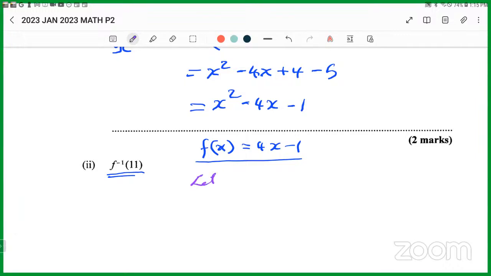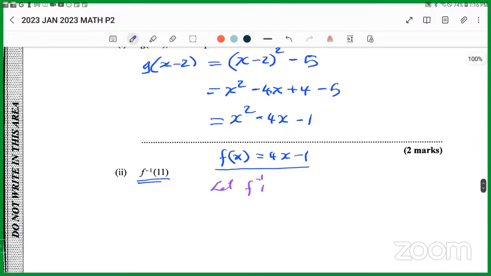Let f to the minus 1 of 11 equal n. Now, if f to the minus 1 of 11 is equal to n, it means that 11 is equal to f of n. And f of n simply means that we're putting n right there. And so it becomes that 11 is equal to 4n minus 1.